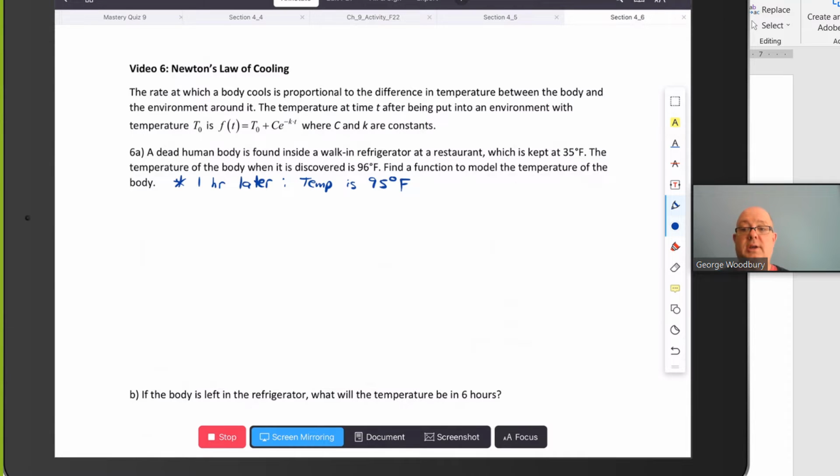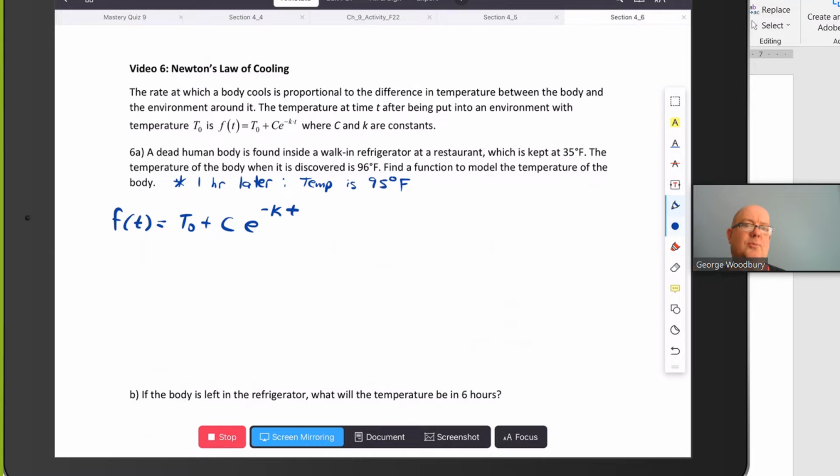The model is f of t equals T sub 0 plus C e to the negative kt power. It's similar to the exponential models we've been using, except for that constant that's added on, T sub 0. T sub 0 is the temperature of the environment.